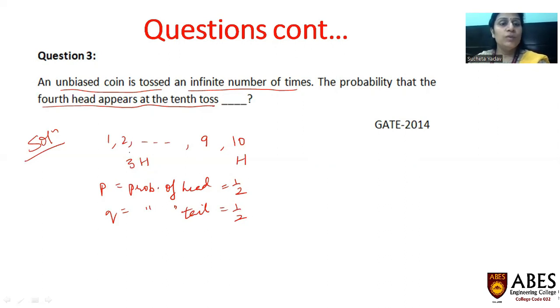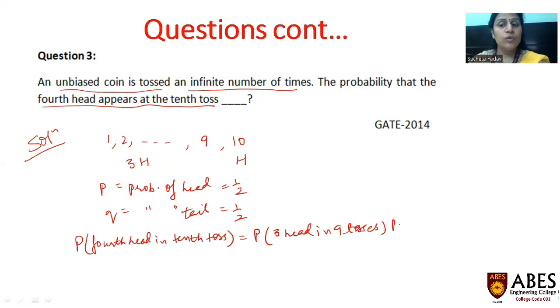Now, the probability of the 4th head in the 10th toss will be given by the probability of 3 heads in 9 tosses into the probability of head in the 10th toss.